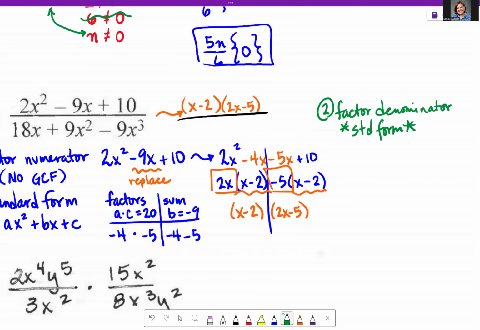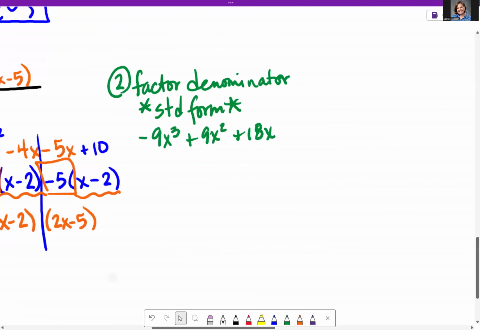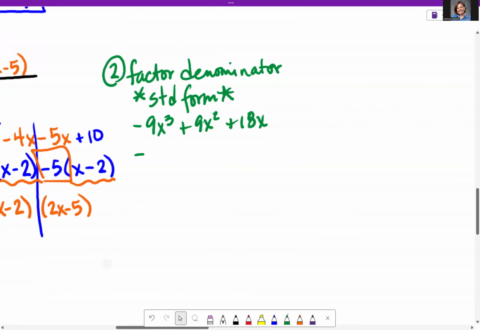So I'll write negative 9x to the third power plus 9x squared plus 18x. Then I look for a greatest common factor. For this polynomial, my greatest common factor is negative 9x. And once that's factored out, I have x squared minus x minus 2.